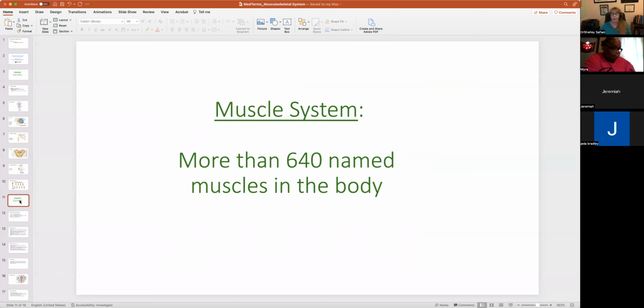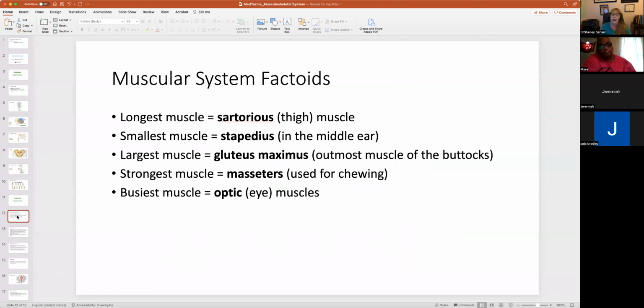You don't have to worry about them. You don't have to memorize them. But what I do want you to remember is, depending upon where you go to work, you may need to become familiar with a particular sector of muscles. But let's now look at the different facts about muscles.